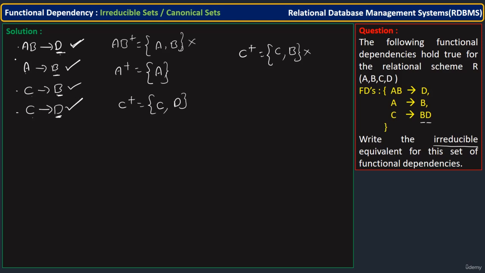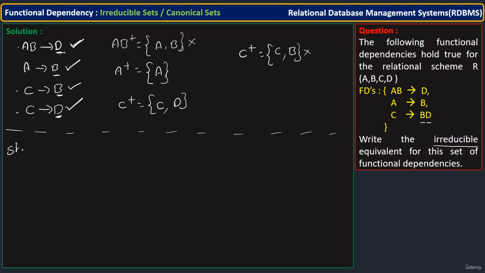So that is what step one and step two did. Step one: writing single attributes on the LHS and RHS. Then for every FD, you check whether it is essential or not in this manner. So step two is done.